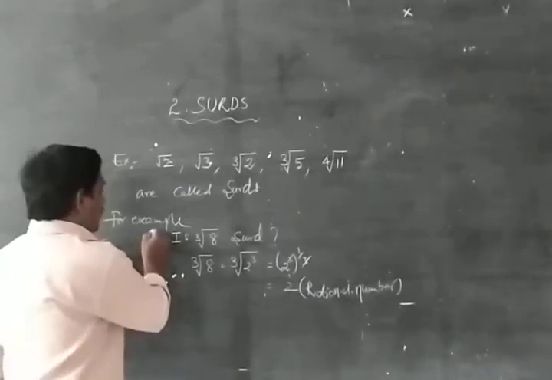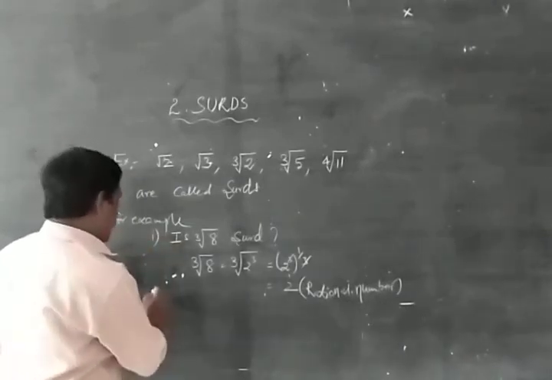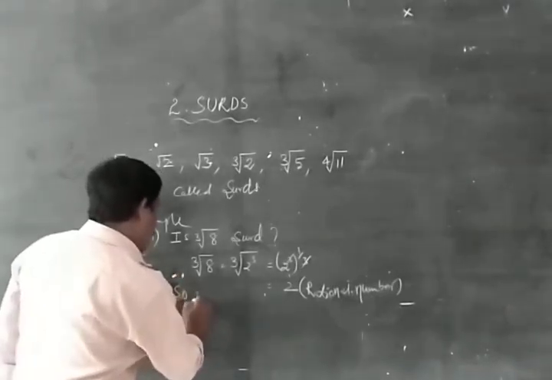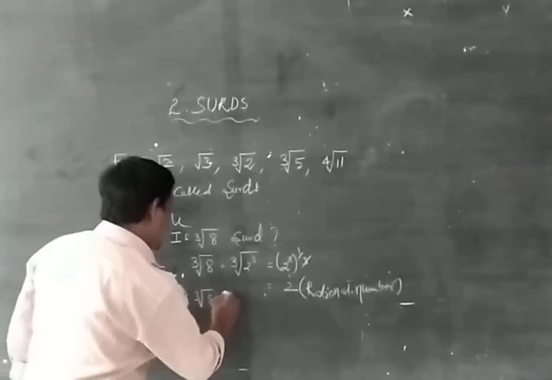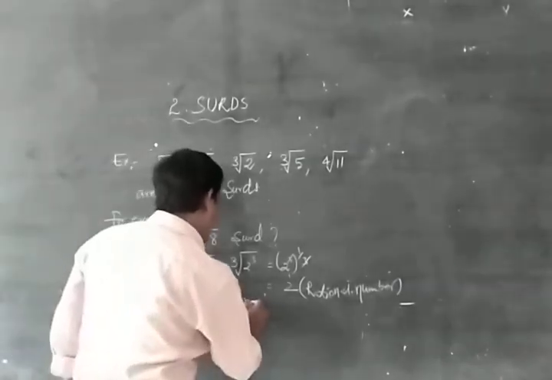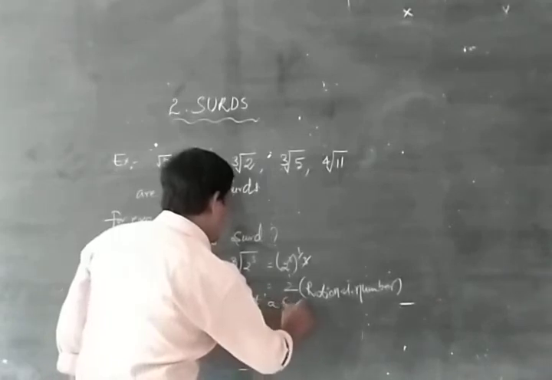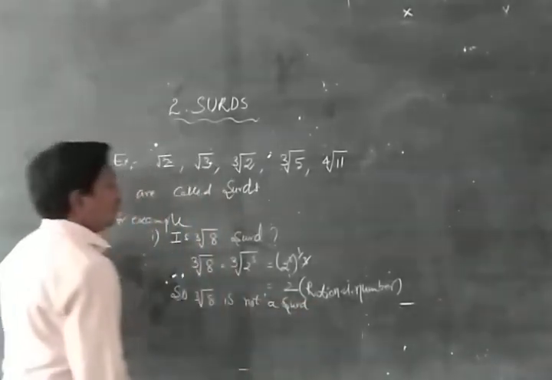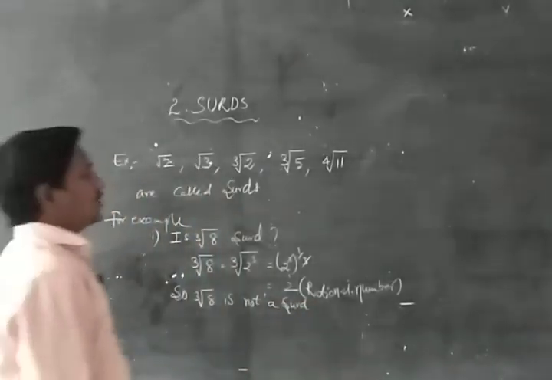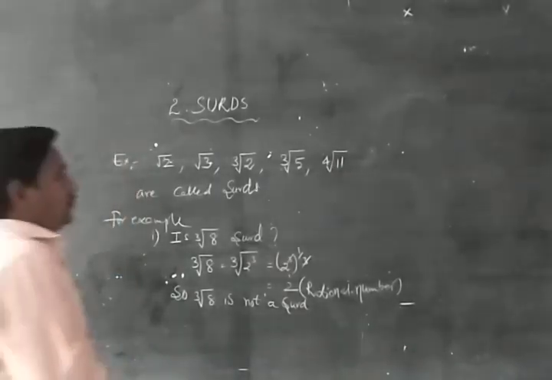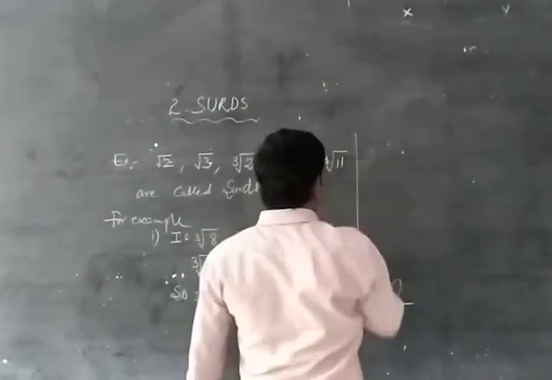And one more example. So cube root of 8 is not a surd, and also one more problem.